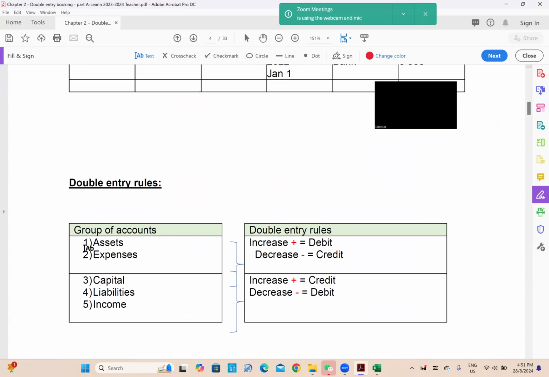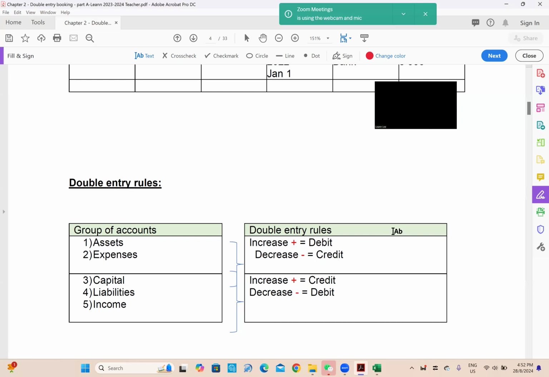The first box is asset and expenses. When an asset increases, it will always fall under the debit side, which is your left hand side. Debit and credit just indicate left or right in accounting language. So when there is an increase, it will show under the debit side. If there is a decrease, it shows under the credit side.